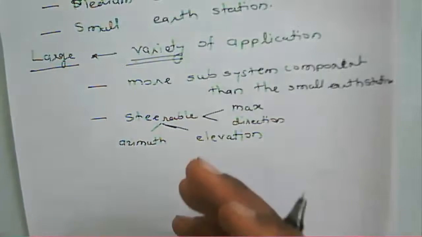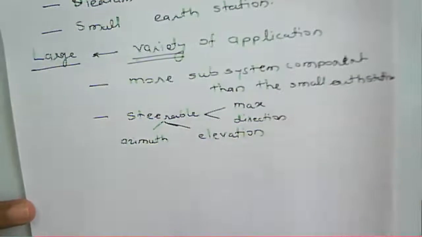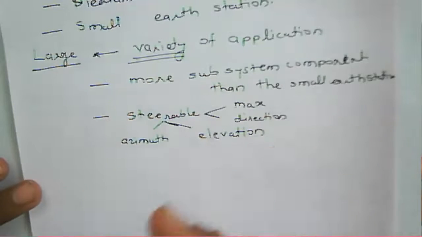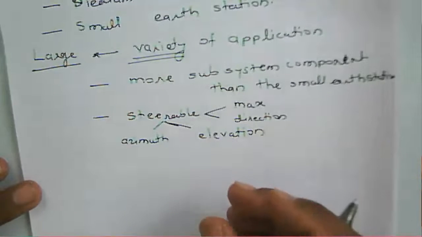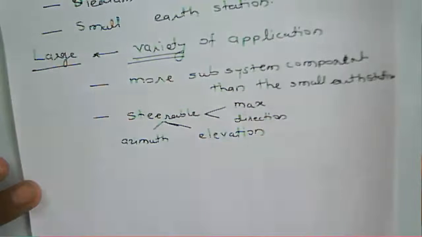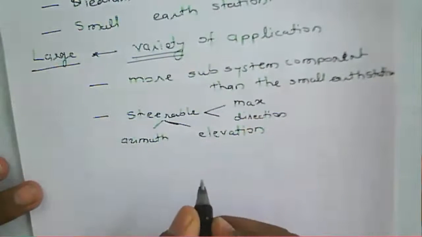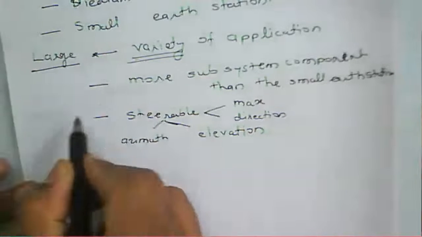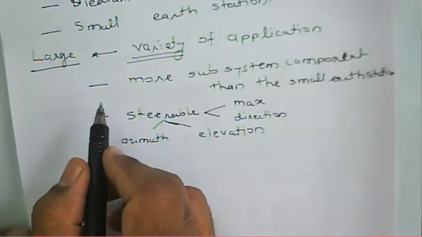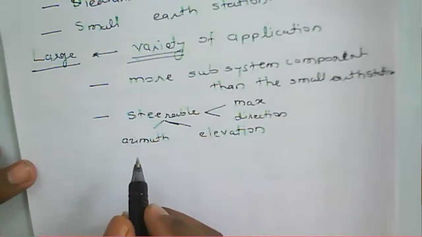Suppose that particular ground system has various radiating elements in the frequency band that is used by this earth station. In that case, there will be large interference. So that's why a large earth station is to be located where there is no interference or less interference.